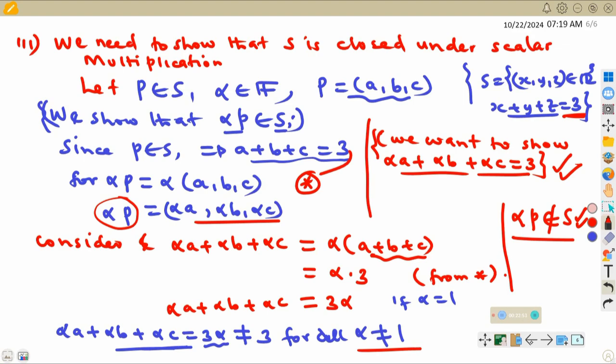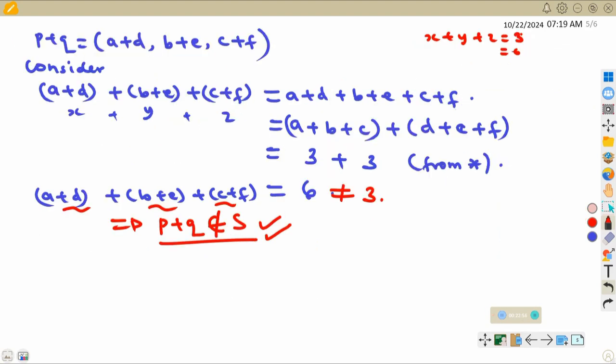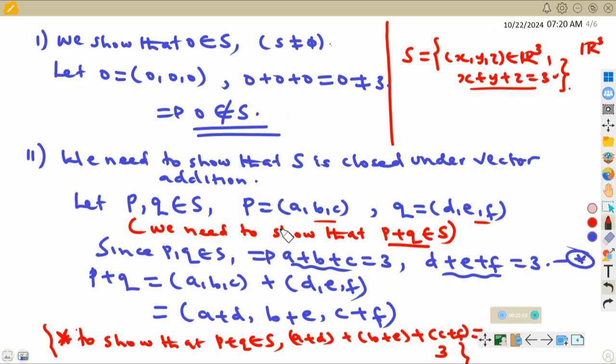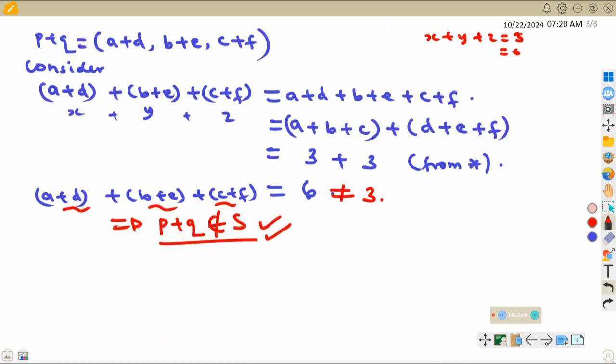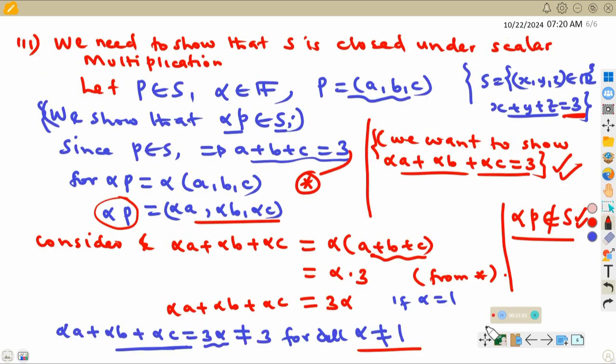So looking at the three conditions, condition 1, 2, and now condition 3, all these conditions are not satisfying.